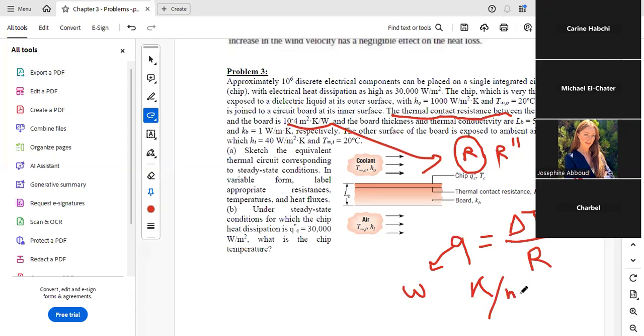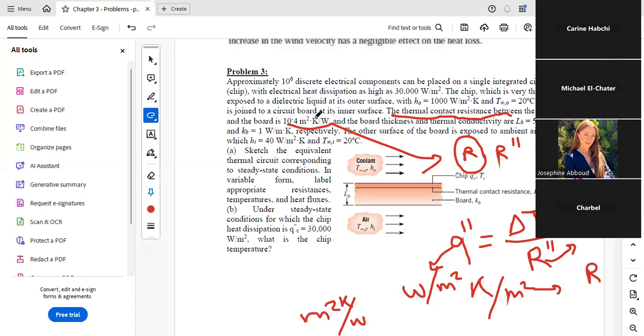While if I want to talk about R second, this is the unit of R. While if I have Q second here, then I will have R second here. The unit of Q second is watt per meter square, and the unit of R second will then be meter square Kelvin per watt, okay?